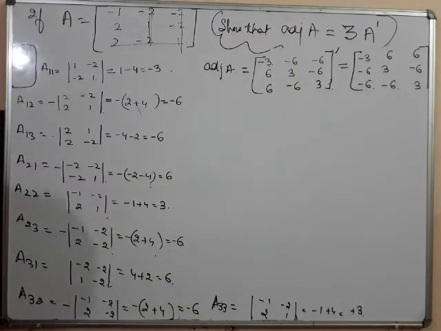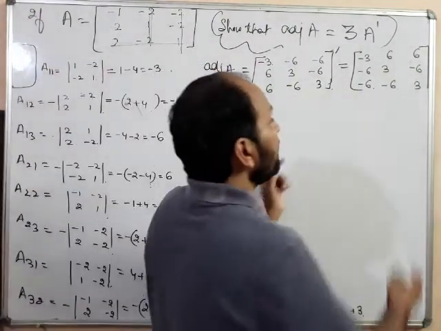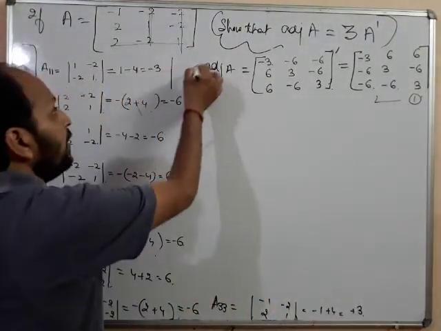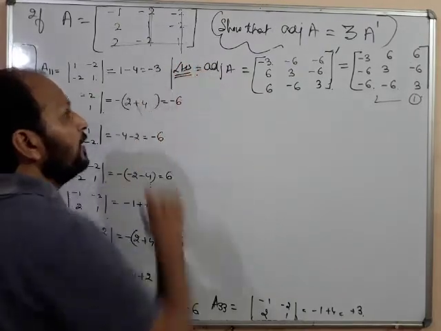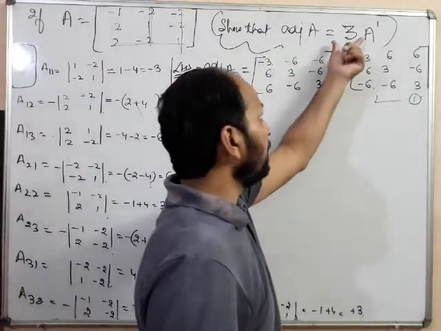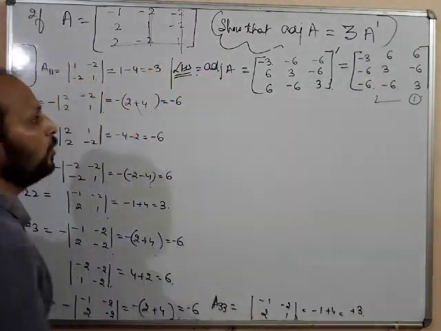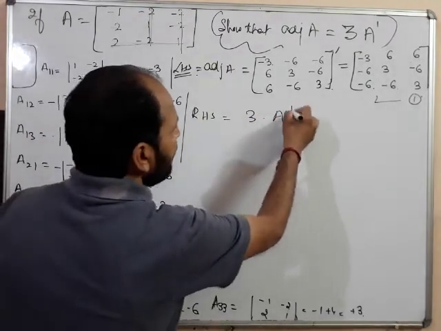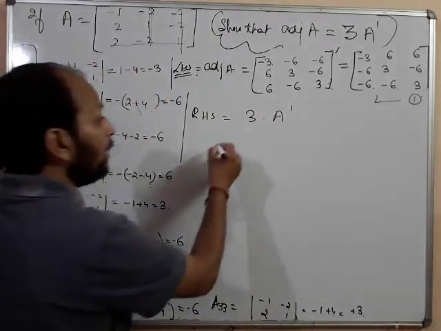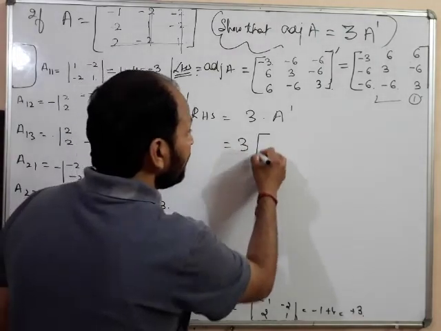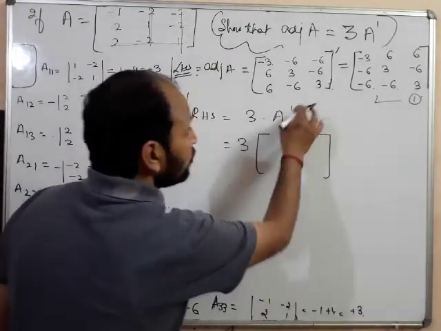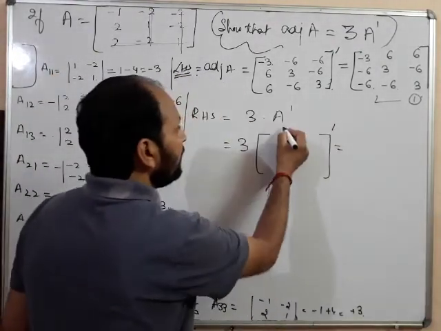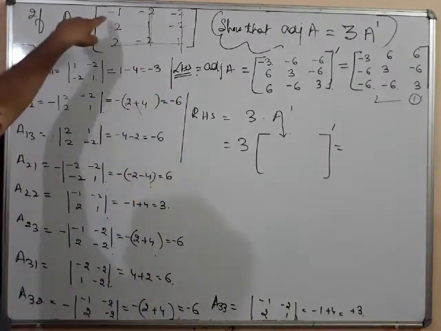Clear? Now that is the condition number 1. That is your left hand side. We have solved the left hand side, beta. Now we solve its right hand side. And the right hand side is 3A transpose. Clear? And what is 3A transpose? For A transpose, first of all I will write here the A matrix. What is A matrix?